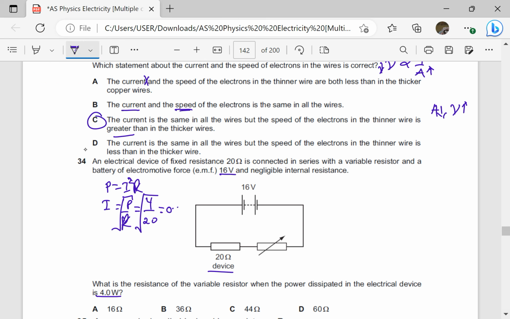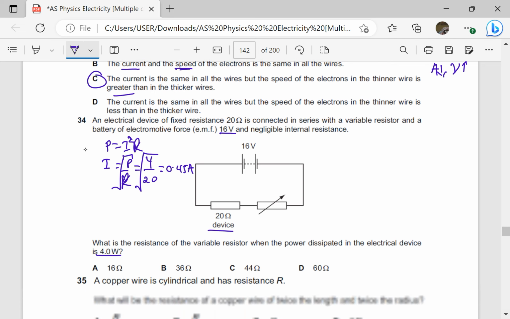So I'll write 0.45 amperes. That is the current. It is the same current through the variable resistor.